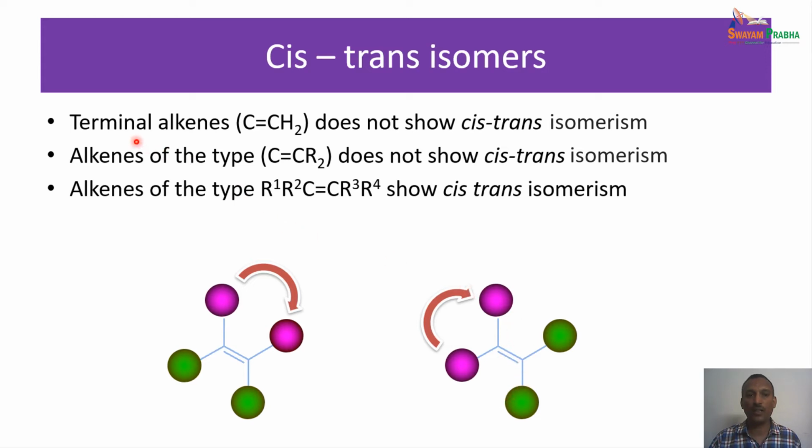That is the reason terminal alkenes do not show cis-trans isomers. In the same way, alkenes of the type C double bond CR2, that means two identical groups present on the same alkene carbon atom, also do not show cis-trans isomers. Generally, alkenes having different substituents show cis-trans isomers.